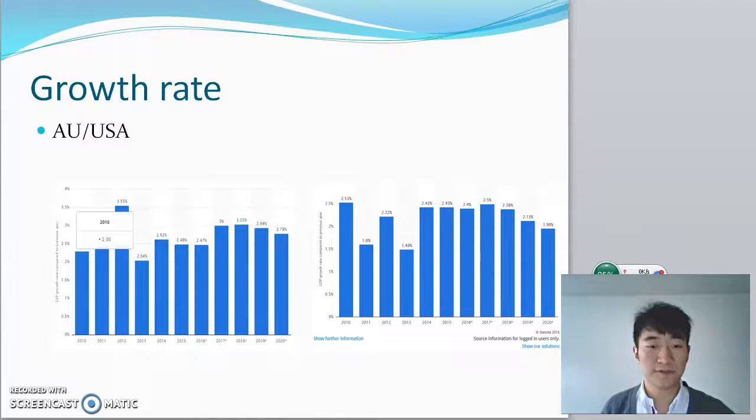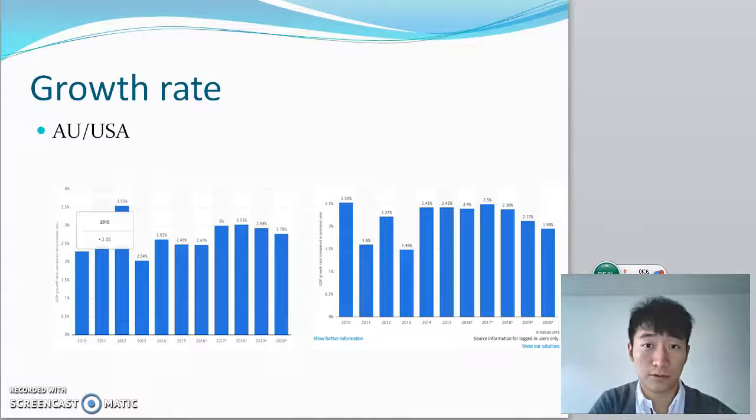This slide shows the Australia and the USA growth rate picture, and also the forecasted picture. From the graph, we can see the economic growth of Australia is 2.6% in 2016 and keeps constant to 2017.